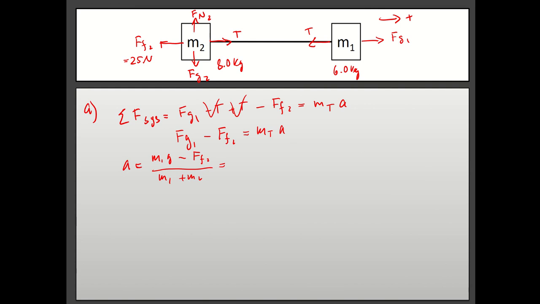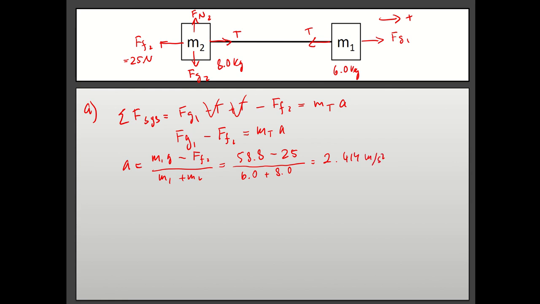So m1 times g is 58.8 from previous calculations, and force of friction is 25 newtons. And here we have our 6 and 8 kilograms for the masses. So we get a total of 2.414 meters per second squared.